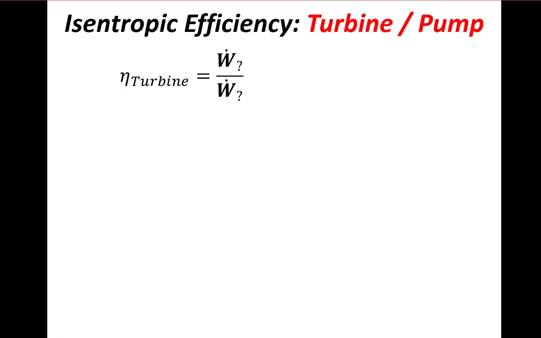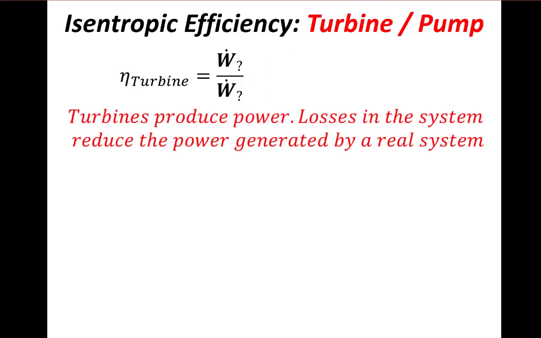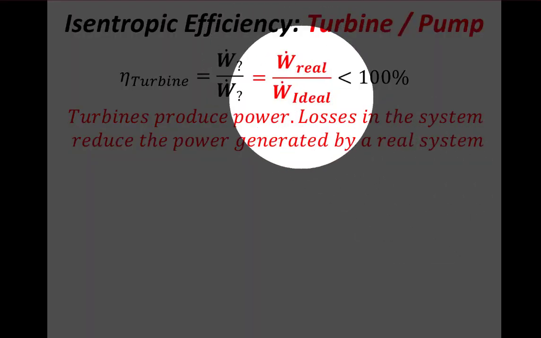Like I said, the purpose of these isentropic efficiencies is to compare the real device to the ideal device. Now, turbines are producing power. So in the real turbine, you lose some power because of things like friction in the bearings. So the real power of the turbine is less than the ideal power.